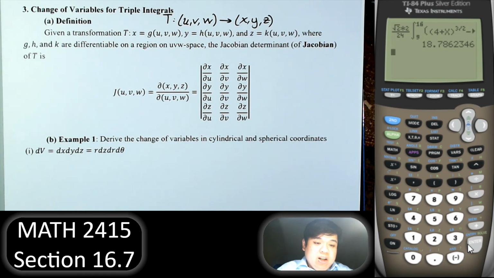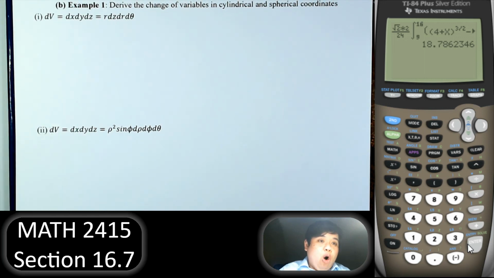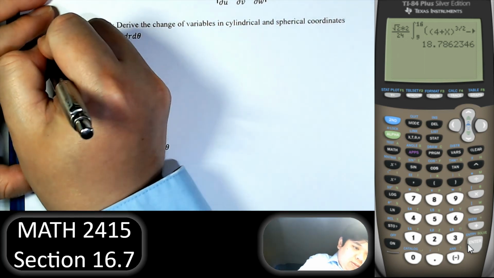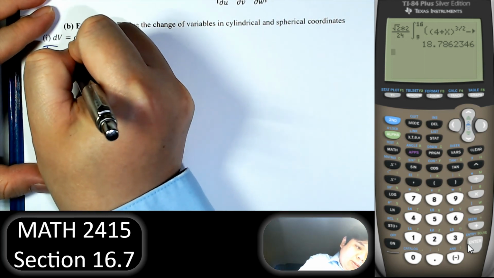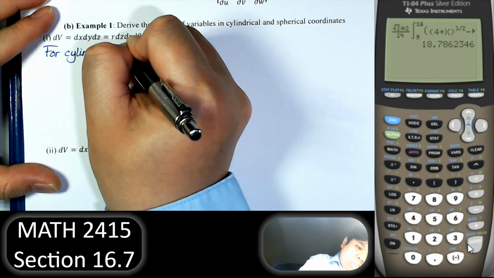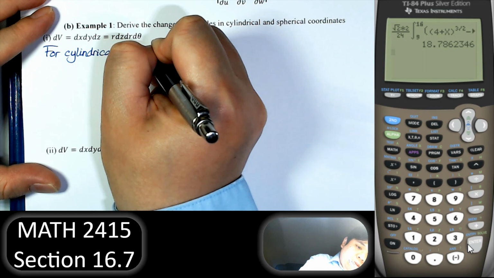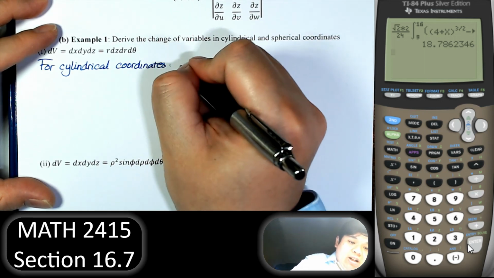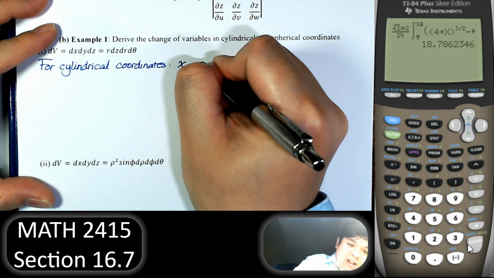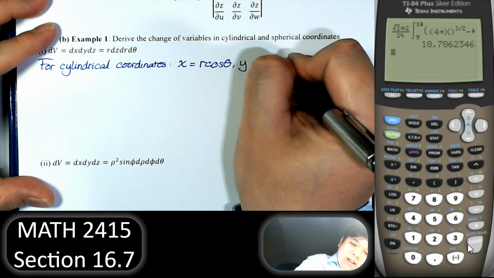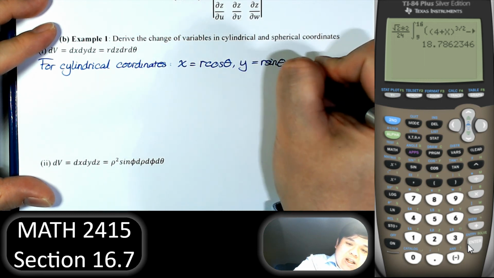So let's just derive the Jacobian for the spherical and cylindrical coordinates. So for cylindrical coordinates, the change for that is x equal to r cosine theta, y is r sine theta, and z is still z.